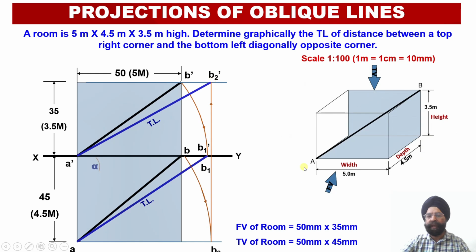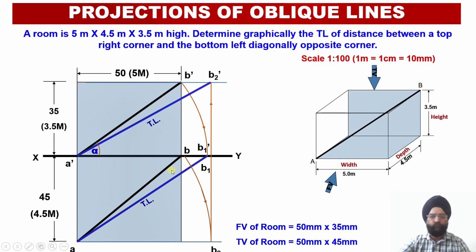Once we obtain that the distance A dash B2 dash, which is the true length of the line in the elevation, is equal to AB1, which is the true length of the line in the plan, we are sure that whatever procedure we have followed is technically correct, and we have been successful in obtaining the actual true length of this line AB, which joins two diagonally opposite corners of this particular room, and these are the two points A and B.